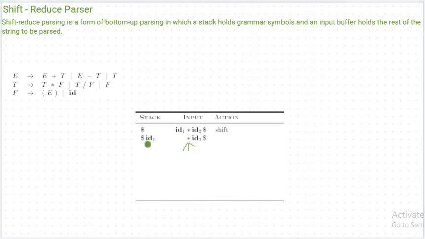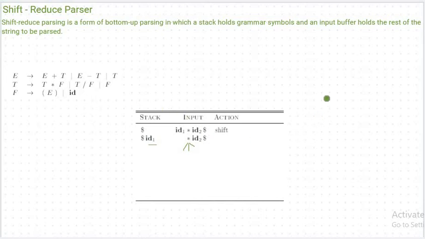Consider ID1 as a handle. Now I have to check whether this handle is matching any production rule. Yes, it is matching a production rule. What is the rule? F tends to ID.